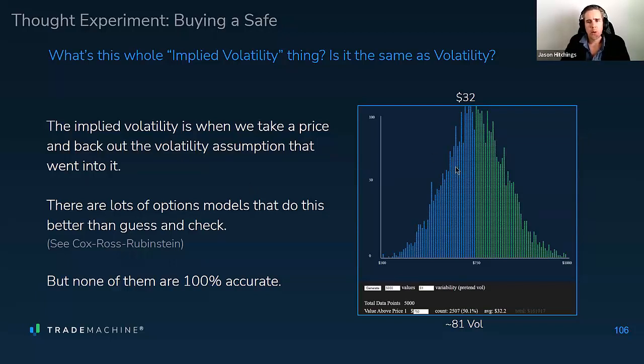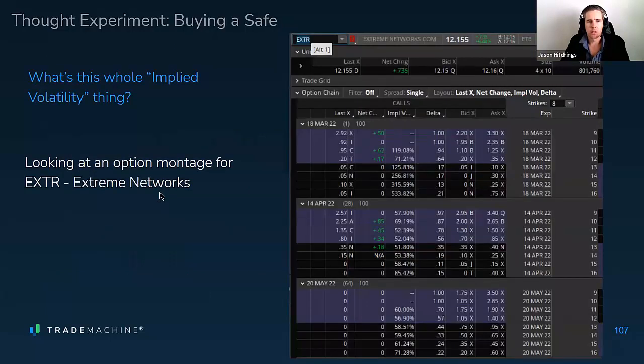And so what we have here is a price that implies a certain volatility. And that's what's meant by implied volatility. It is backing out the volatility from a price. And generally, you're coming to the market looking at a screen like this, and you see a price.